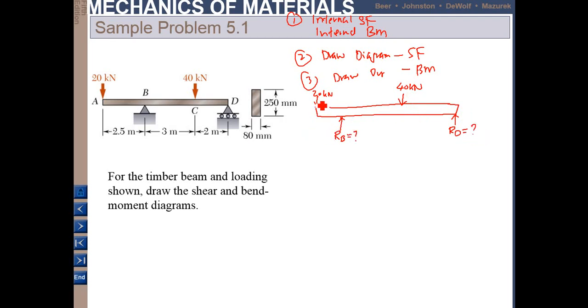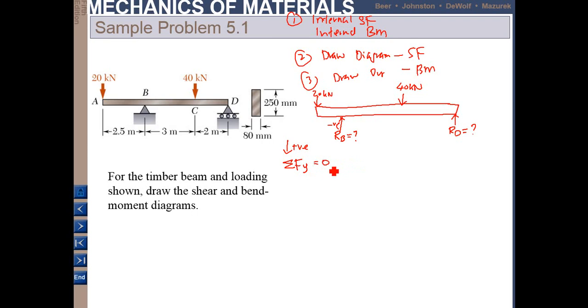So this direction we will take as positive, and this direction we take as negative. So the summation of all shear forces in the y direction should equal 0 in order to be in an equilibrium state.